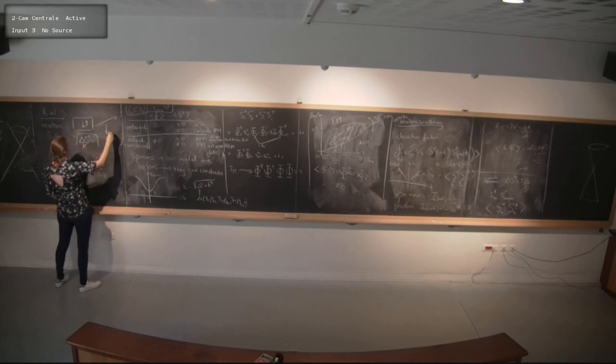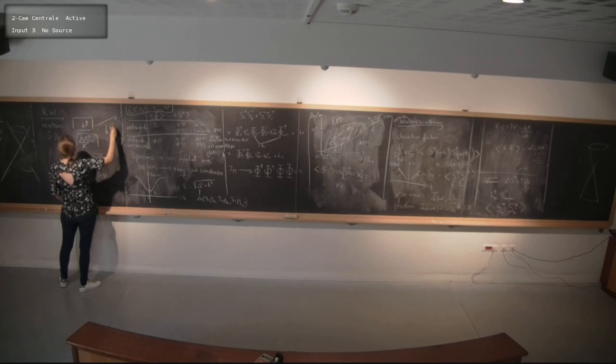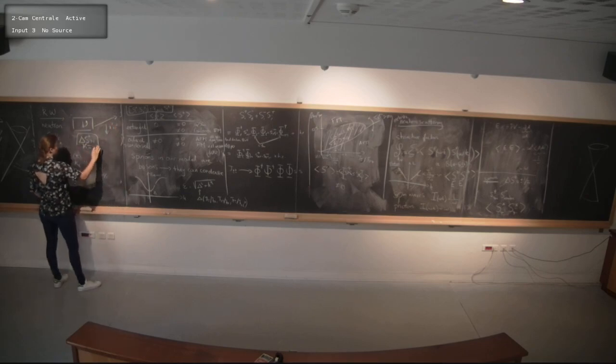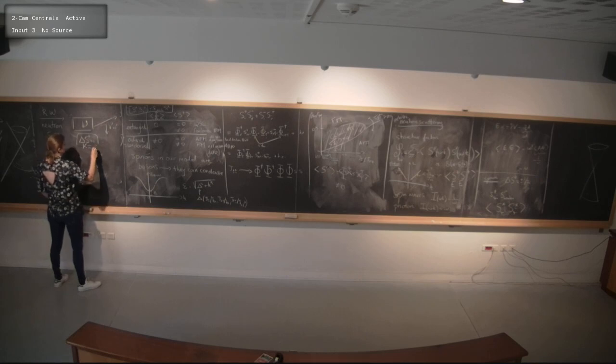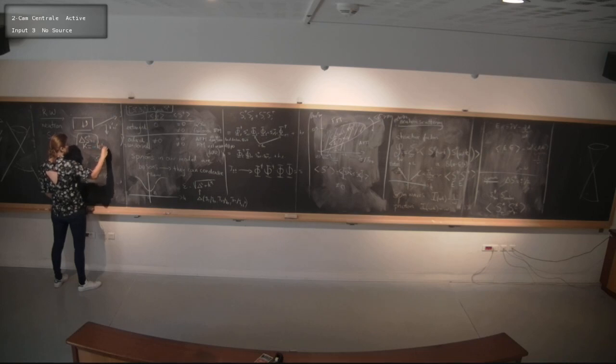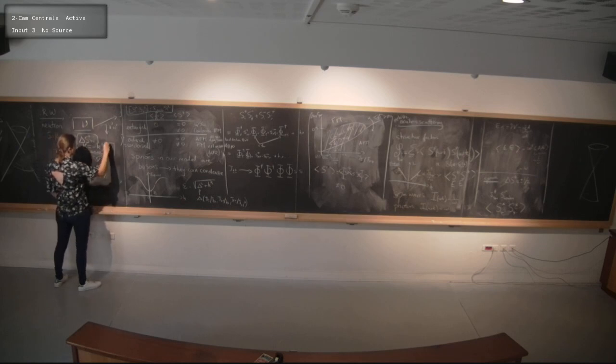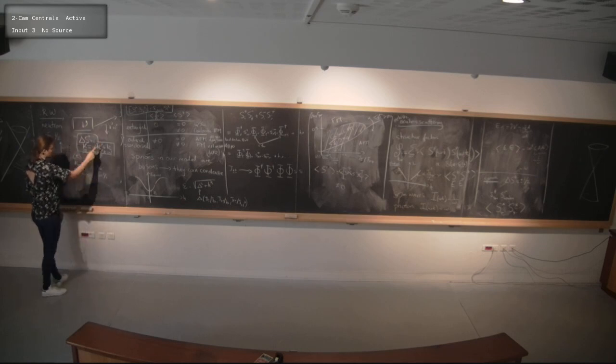If the neutron leaves with momentum k prime and frequency omega prime, what's left in the system is k equals k minus k prime, and omega equals omega minus omega prime. But this should be shared between the two.